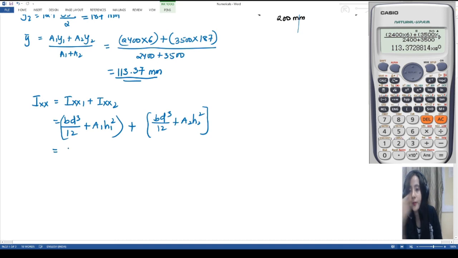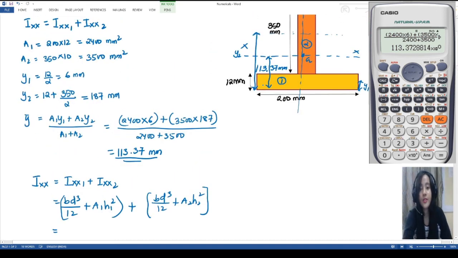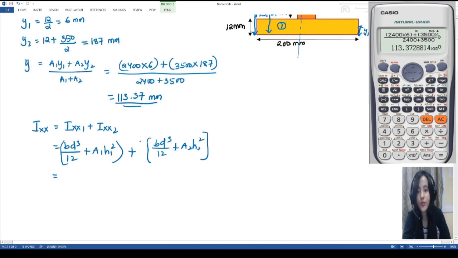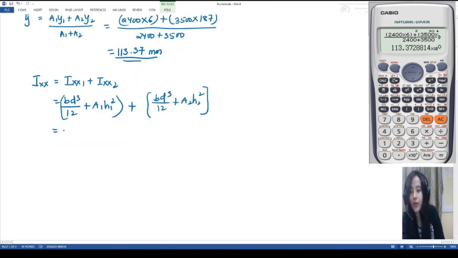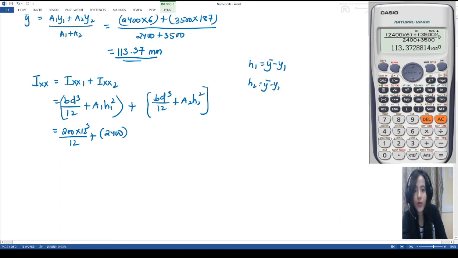For the section down here, B is 200 and D is 12: 200 into 12 cubed by 12 plus area 1, which was 2400, into H1 squared. H1 will be equal to y bar minus y1, and H2 will be equal to y bar minus y2.